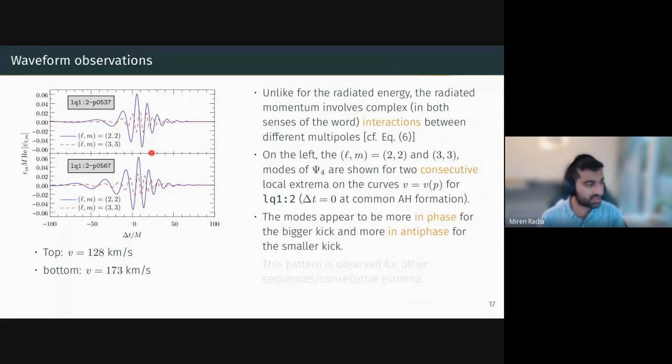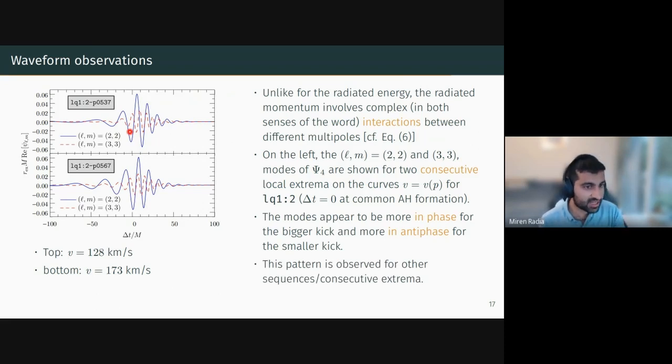So what we noticed, and this is just purely observational, is that the modes appear to be more in phase for the bigger kick. So the bottom value is the bigger kick. So this is the extrema, the local maximum in that graph. You can see it seems to be more in phase here at the peak amplitude, whereas for the local minimum, we notice that these particular modes are more in antiphase to each other.